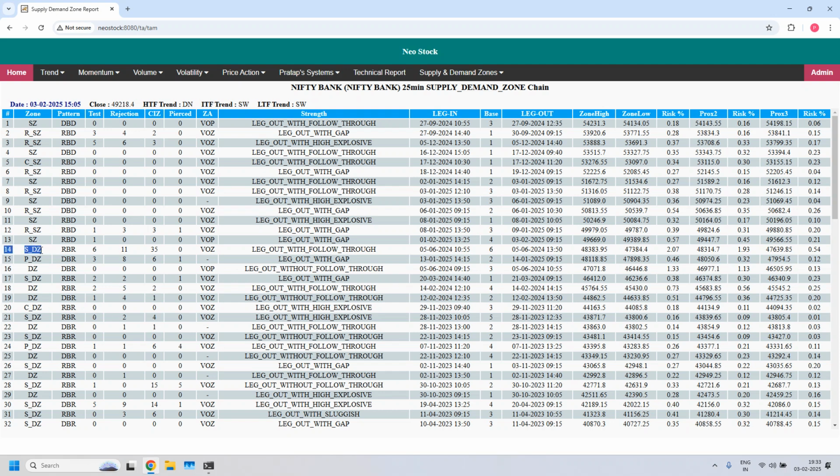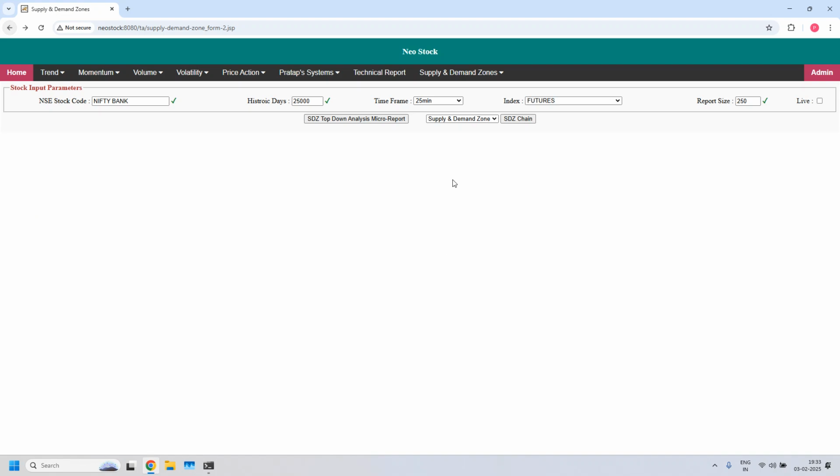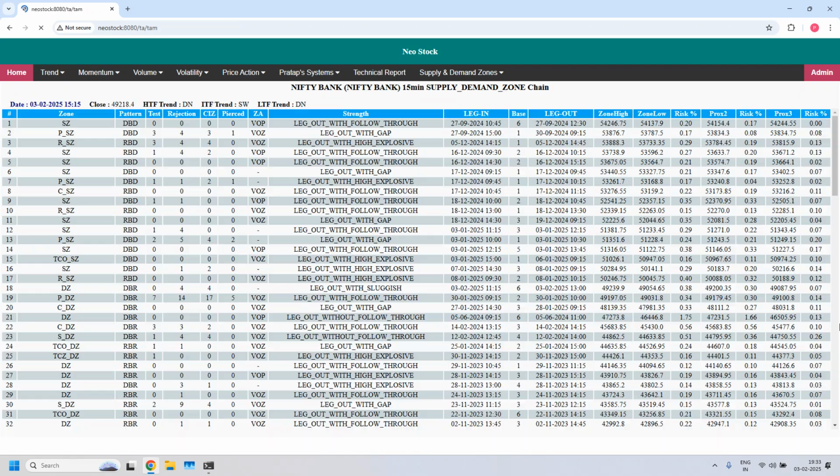Fourteenth is the nearest demand zone. Next, 15 minutes supply demand zone chain for BANKNIFTY. 18th is the nearest demand zone.